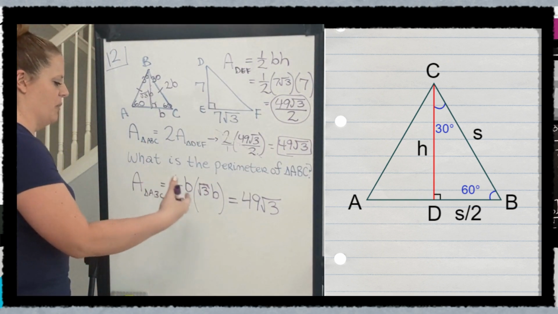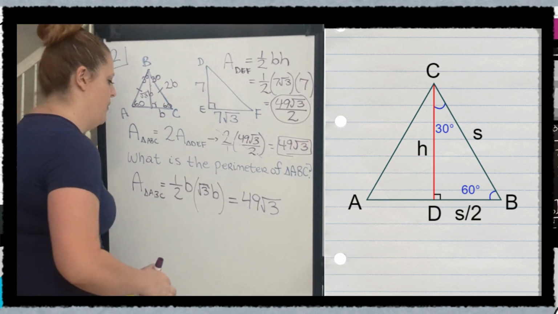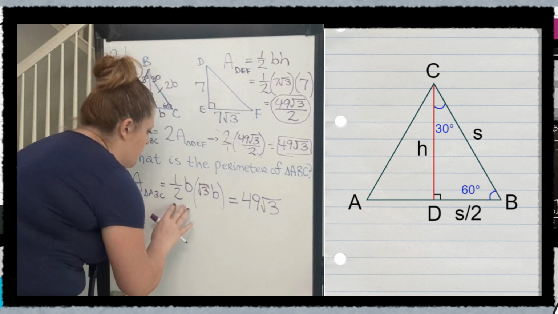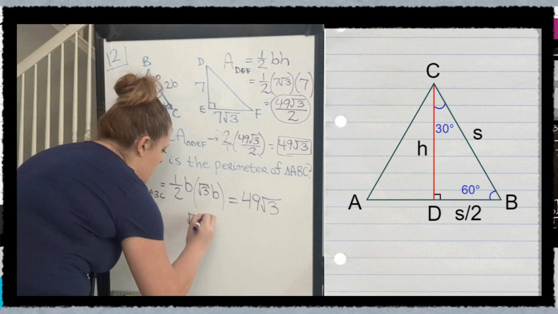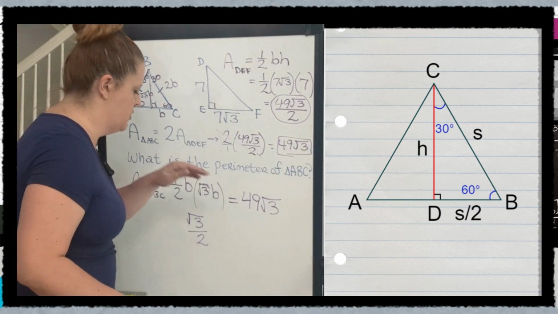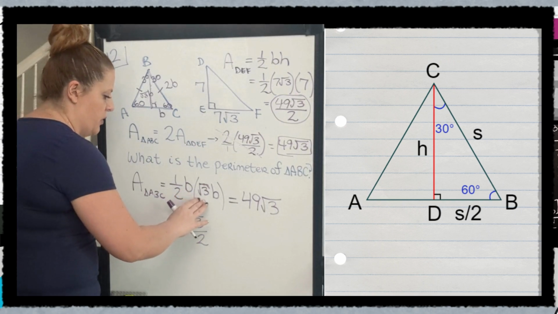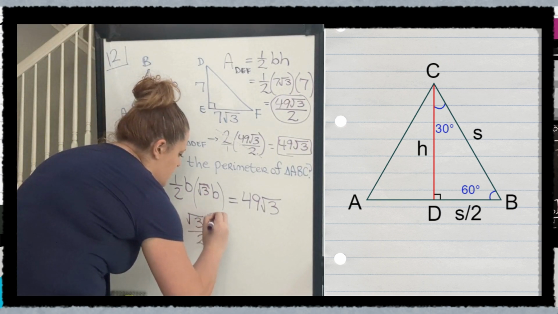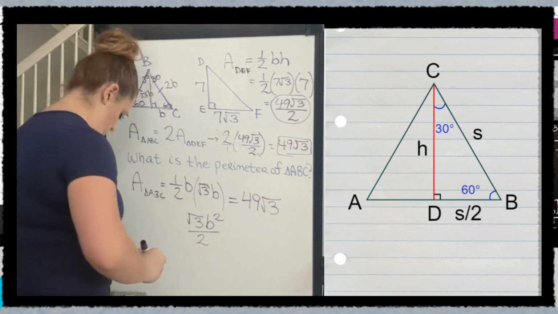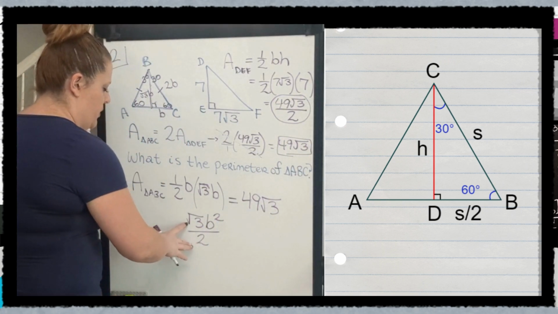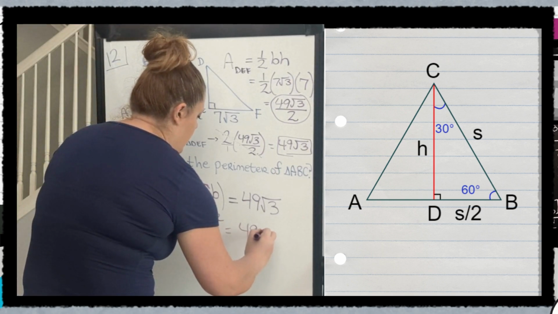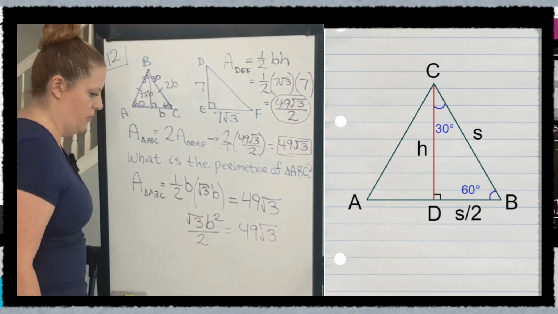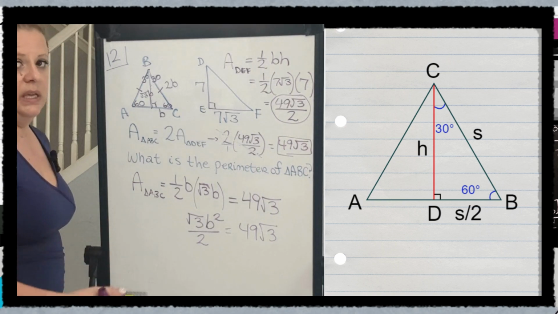So we can set this new formula we figured out equal to 49 square root of 3. All right, let's simplify over here. 1/2 times square root of 3 is the square root of 3 over 2. Or you could look at it like we're just multiplying straight across: 1 times b times square root of 3 times b, which also gives us b squared, because b times b is b squared. So this is our simplified version of this side, equals 49 square root of 3, and I want to solve for b.